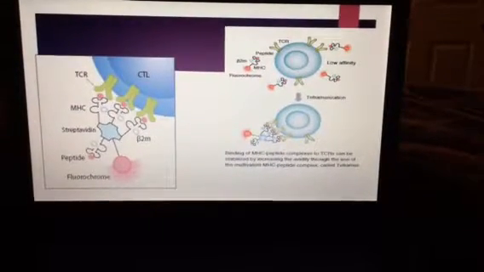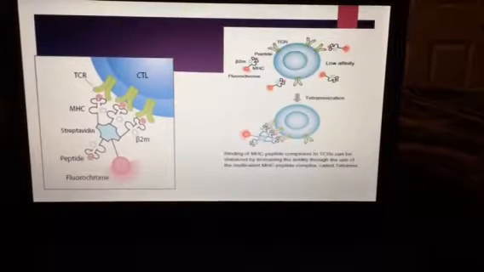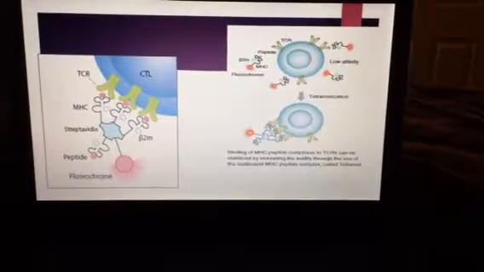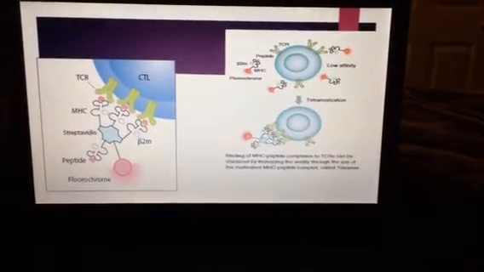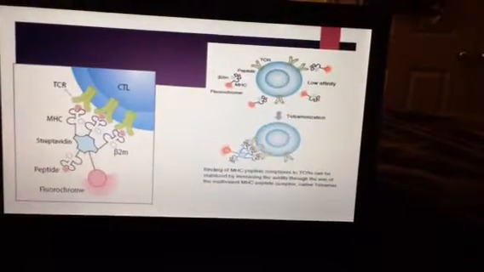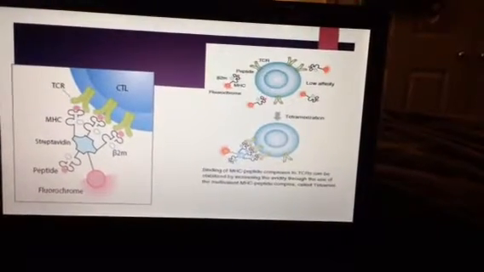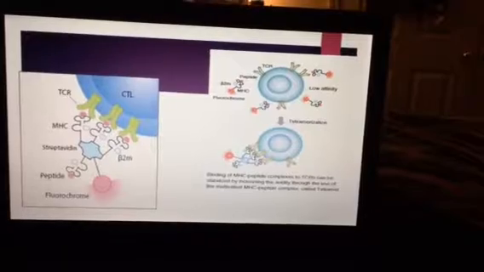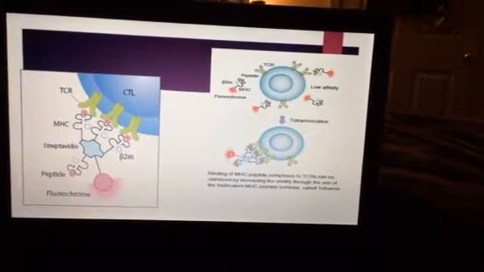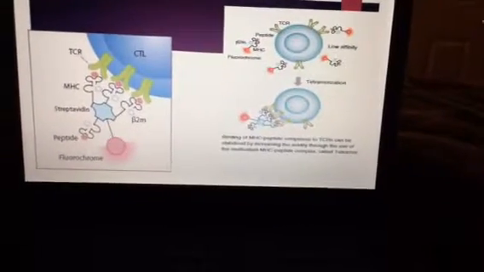And the binding of the TCRs to a particular antigen can happen before, it can happen after, or it can happen during infection.